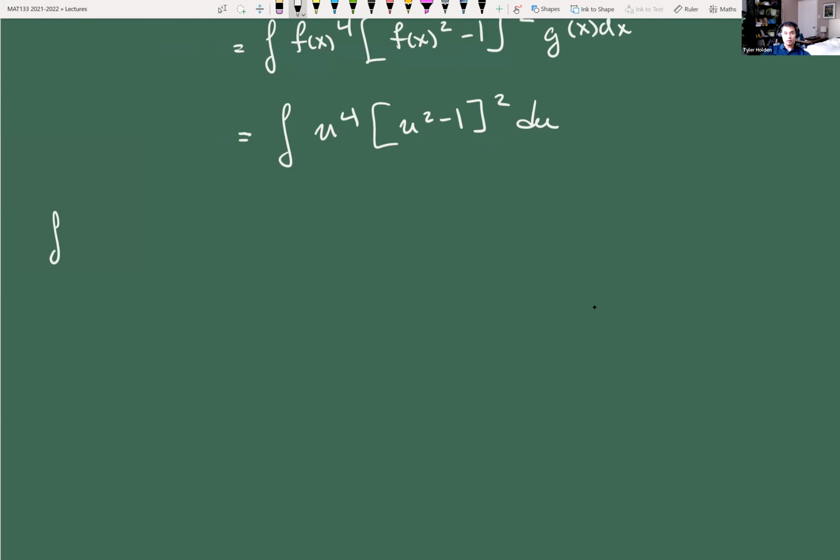So it says if f of x is the integral from x to 4 of t squared plus 1 to the 2021 dt, find the integral from 0 to 4 of f of x dx, like that. See, Jack? All right, what do we want to do? What do we want to do?